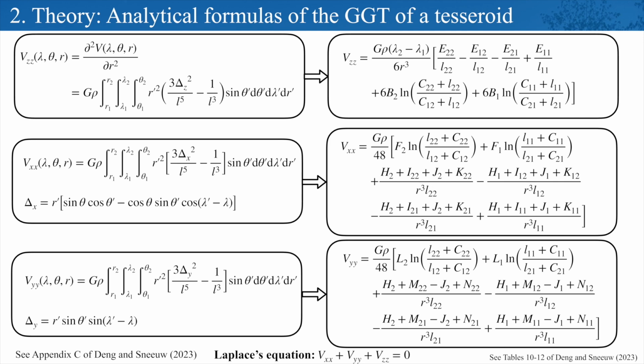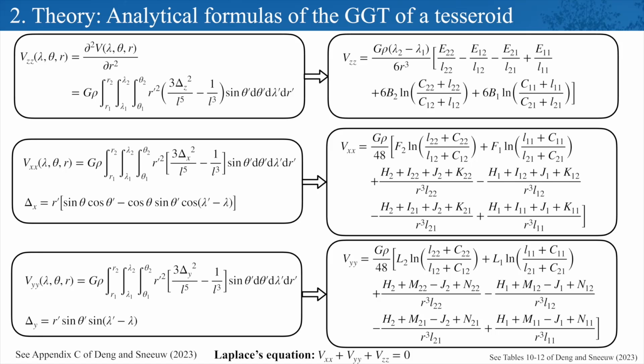The second-order derivatives of the GP are the components of the gravitational gradient tensor, short for GGT. Regarding the three components of the GGT, VZZ, VXX, and VYY of a tesseroid, their analytical expressions are derived from those general expressions when the computation point is located on the polar axis.